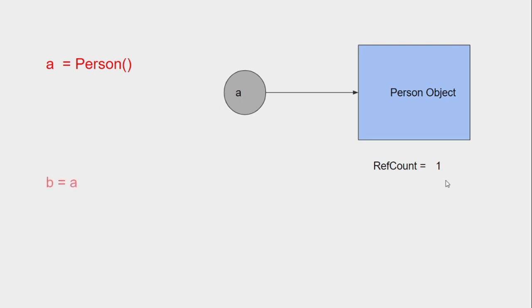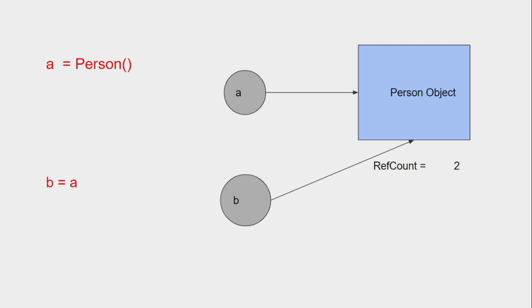Now we write b = a. What is internally happening is Python creates a variable b, and it points to the same Person object in the memory heap. So the reference count is going to increment to 2.